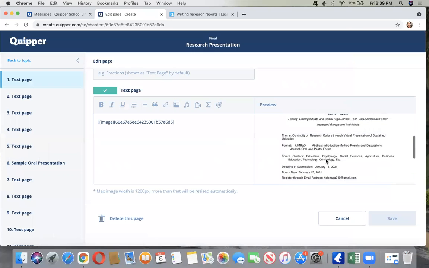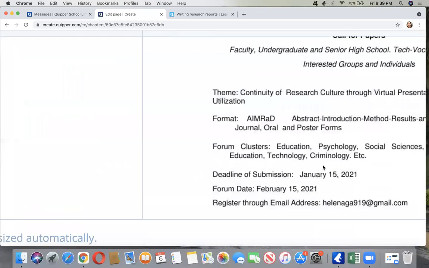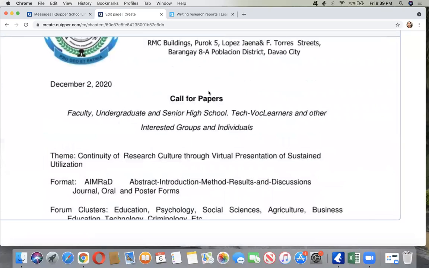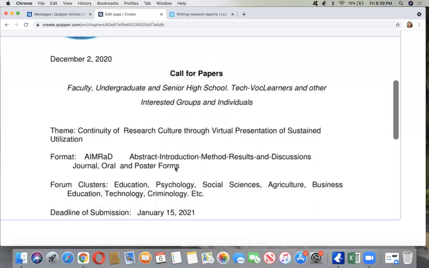For the call for papers, we use the AIMRAD kasi that's for abstract. But AIMRAD ang ginagamit ng RMC Research Office for this.